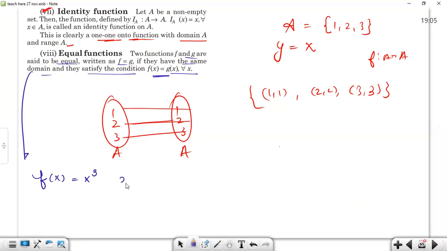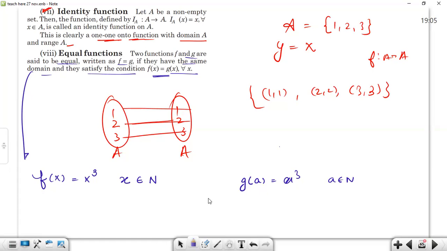Take f of x, where the domain is natural numbers, let's say, and g of some other variable. The variable is the only thing that is different and all else is the same.